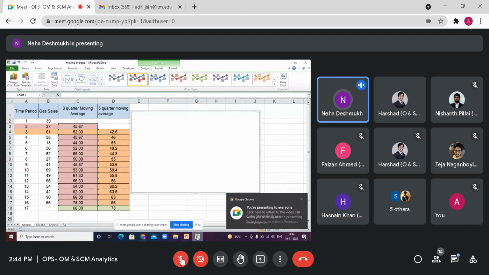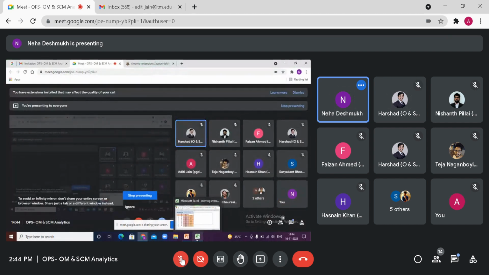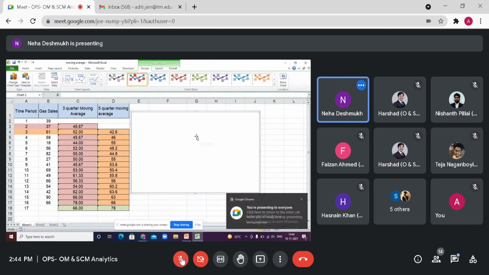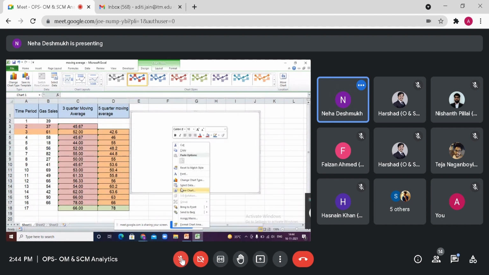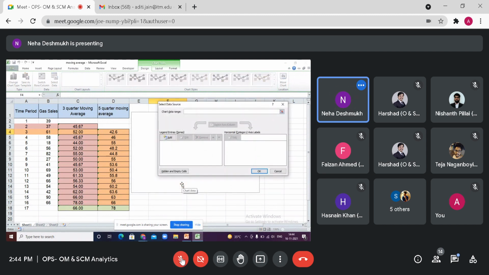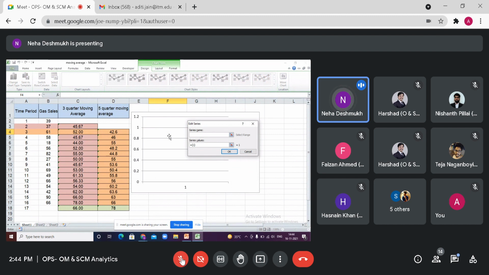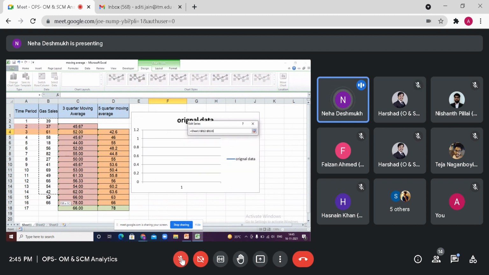Insert line chart. Right click on this, select data, add. First, the original data. Select values. This is my original data, right?